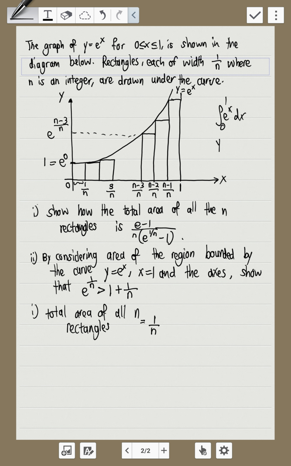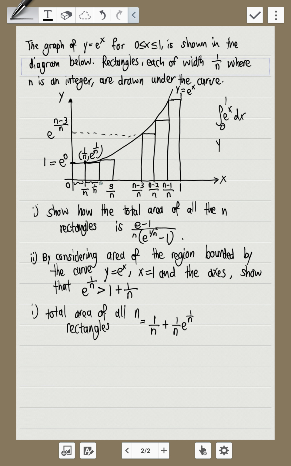Then the second rectangle would be plus, what is the value of this? This coordinate is 1 over n, so the height is e to the power of 1 over n. Since the length is 1 over n, base times height gives 1 over n times e^(1/n), correct?